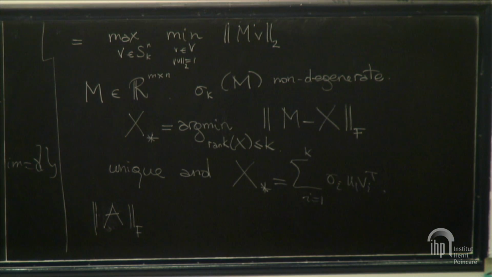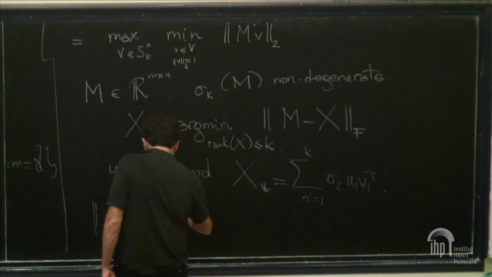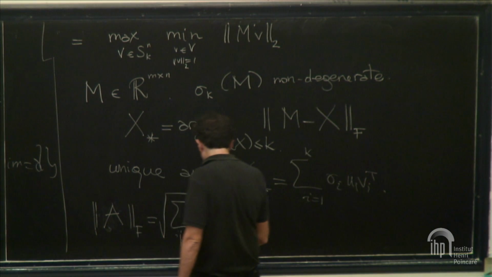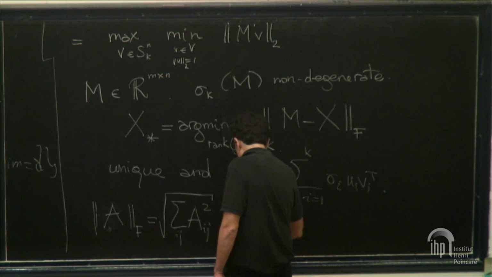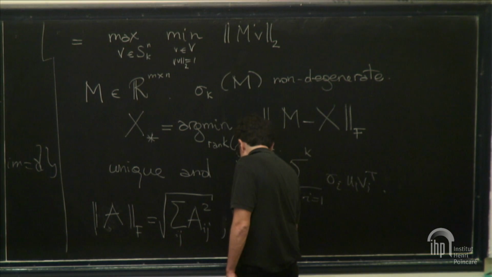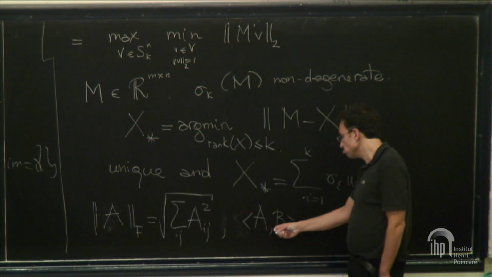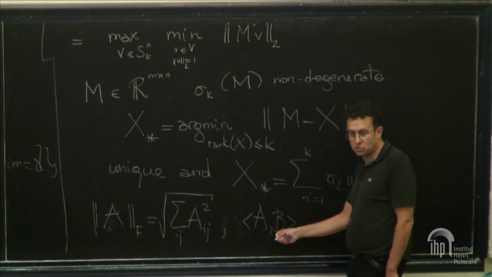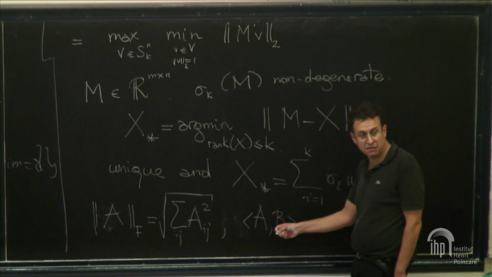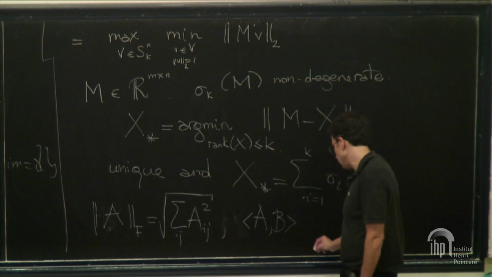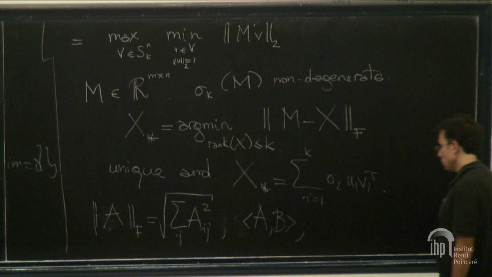If you stack all the entries as a vector and you look at it as a vector, you can also write it as the sum over i and j, a_ij squared. This is particularly interesting because it's also the norm associated with a scalar product that we will denote <A,B>. This is just the scalar product between the two vectors that you obtain by vectorizing the matrices. Or it's also the trace of A times B transpose.